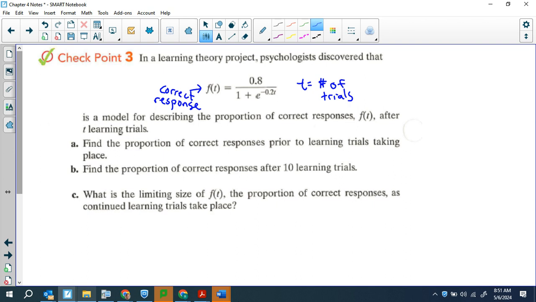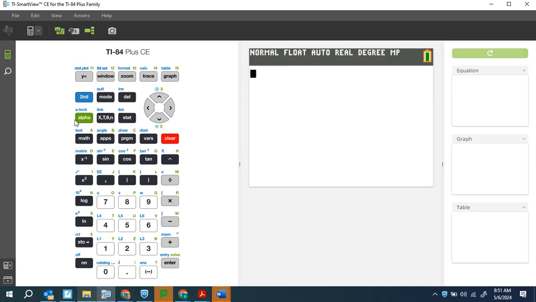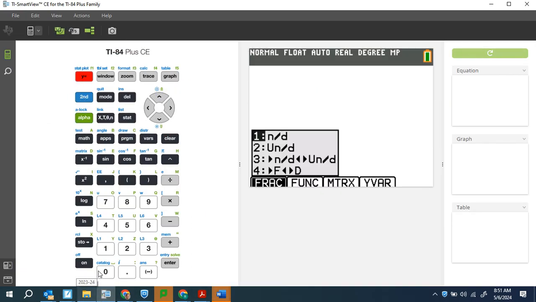All right, letter A says find the proportion of correct responses prior to learning trials taking place. So if you're saying before any learning trials, that would be 0 learning trials, so we're finding f of 0. It would be 0.8 divided by 1 plus e to the negative 0.2 times 0. And we can type that in our calculator. Alpha y equals, get that fraction bar.